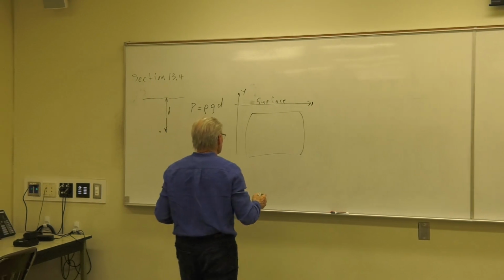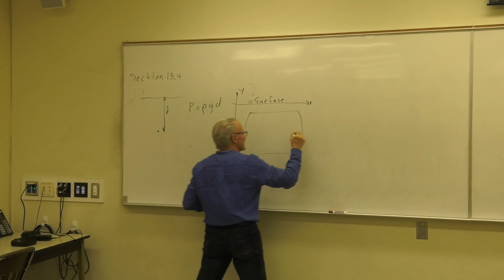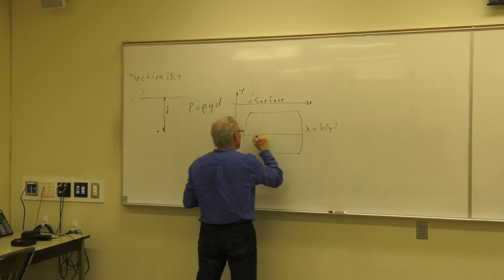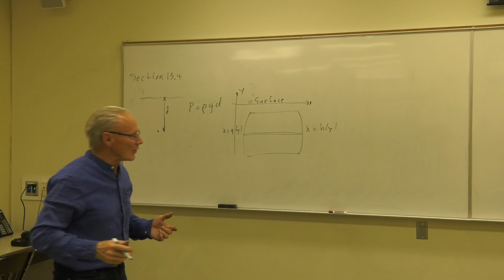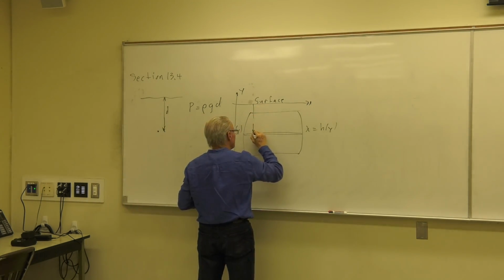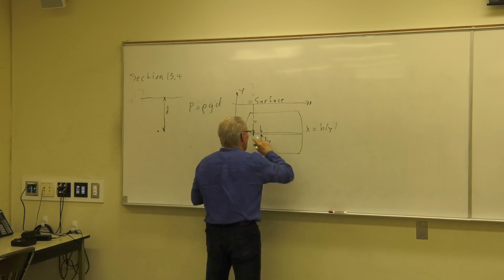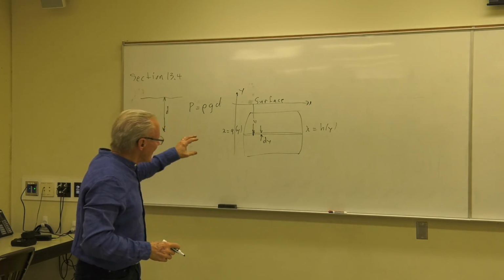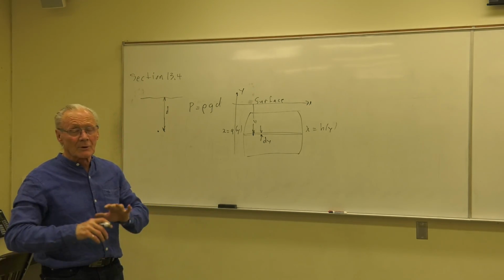So what you did in first year, suppose this is x is equal to g of y, and this is x is equal to h of y. You divided the plate into long, skinny, horizontal rectangles. You said, all right, this is at position y, and its width is dy. I'm going to calculate the force due to the fluid on that rectangle, then add up my integration over all the rectangles for the plate.